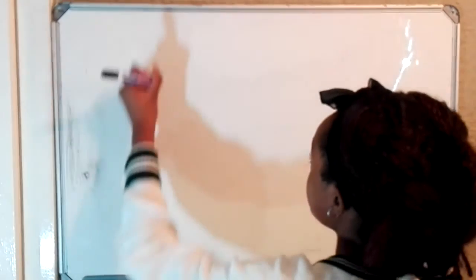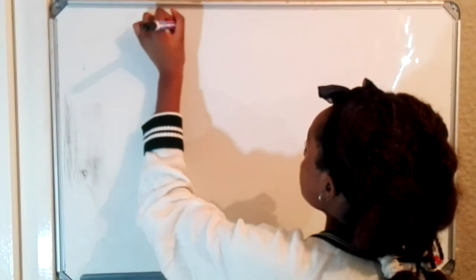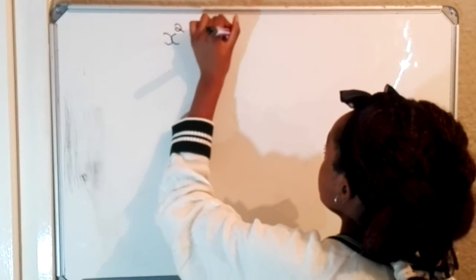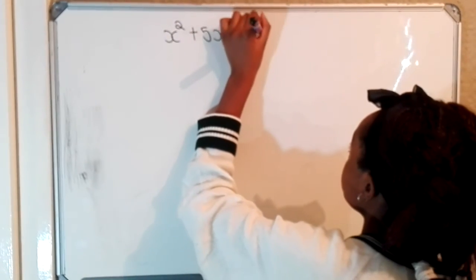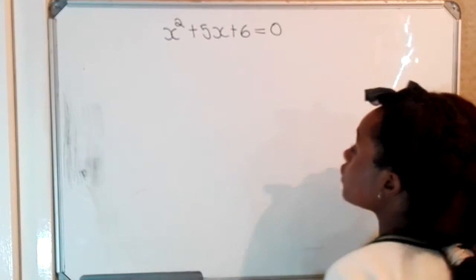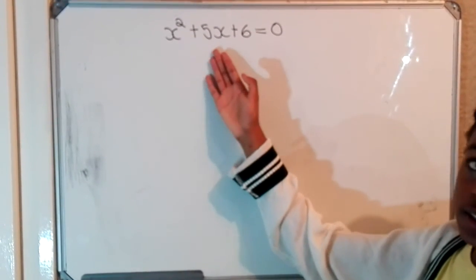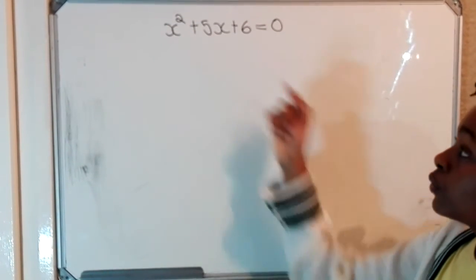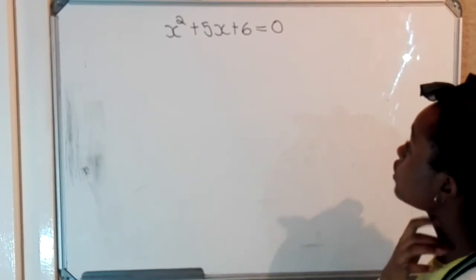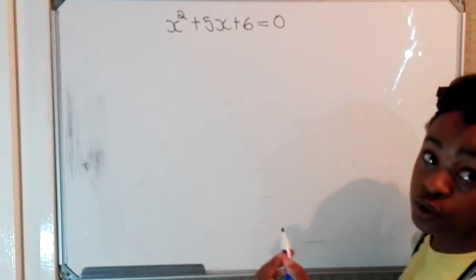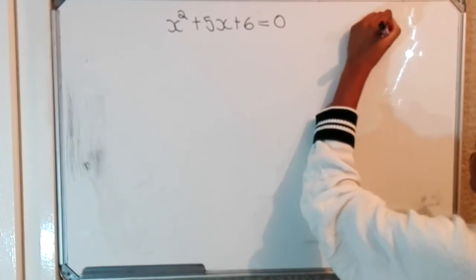Okay, here's something different. Say we have x squared plus 5x plus 6 is equal to 0. Okay? So, before we start here, we can factor this because it's a trinomial. When we factor trinomials, we factor using the middle term method, which is finding the factors of the constant, which is 6.